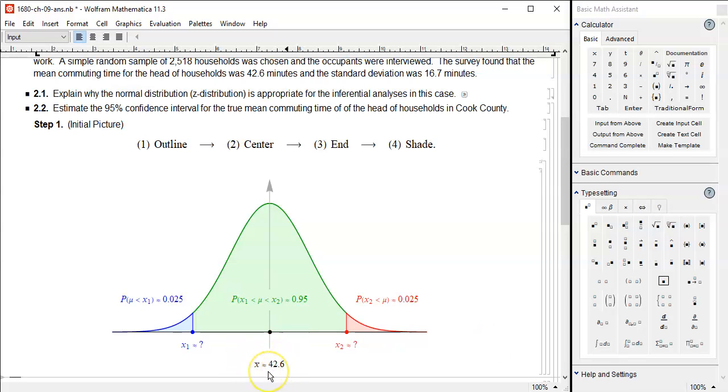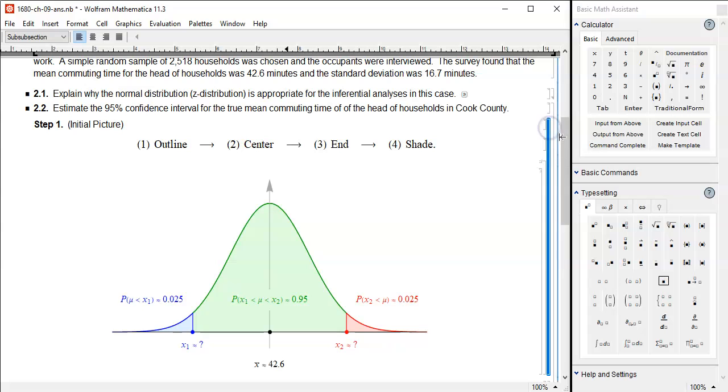The center is the expected value. The observed mean of 42.6 minutes goes right to the center, and the middle portion is related to the confidence level. For a 95% confidence interval, we need 95% in the middle, and consequently the other 5% must be shared by the left, 2.5%, and the right, another 2.5%.